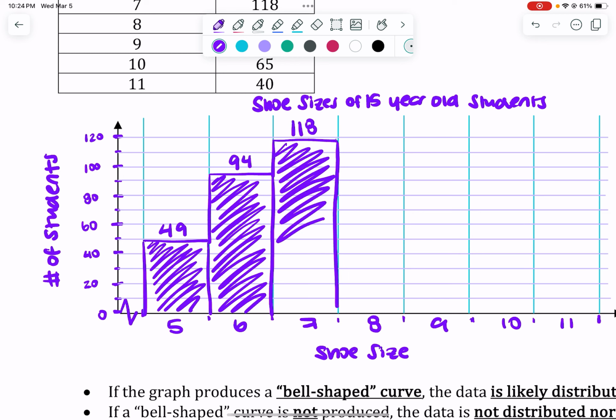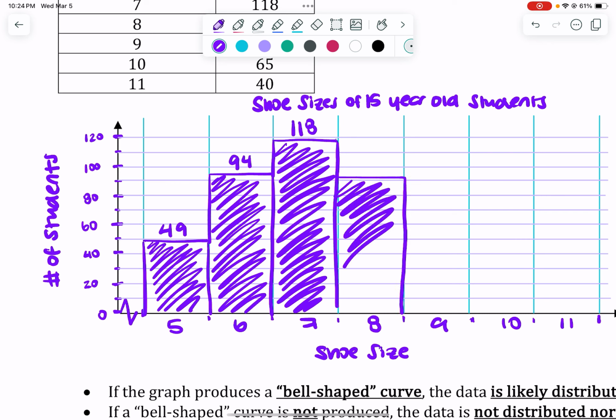Now, those data values on top are useful, especially if I can't clearly read the value from the side. All right, the next one, 92, so just over 90, in and around there. Beautiful. After that, we have 60.